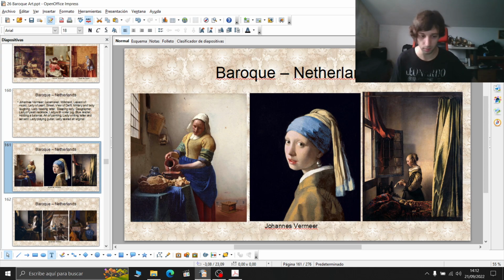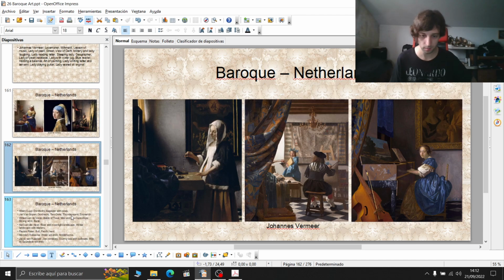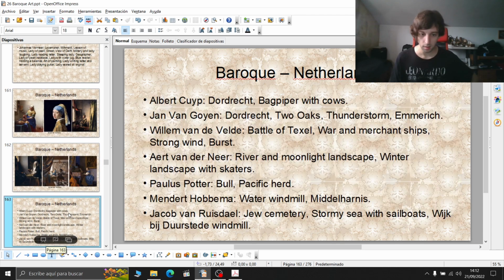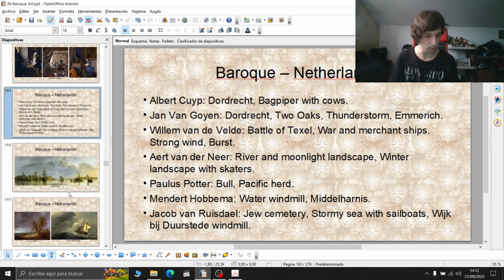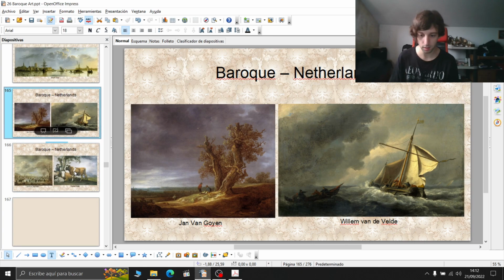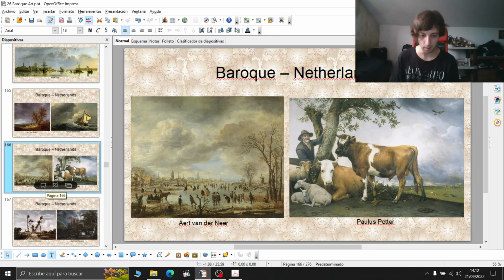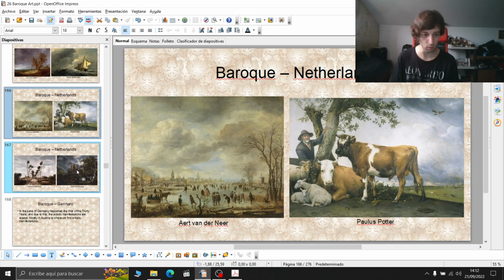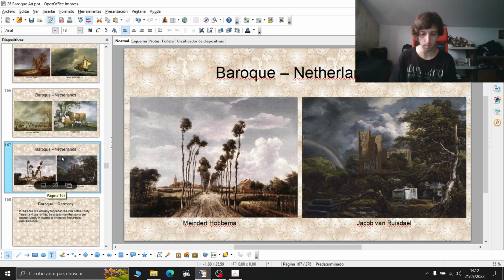Here you have different paintings by Johannes Vermeer. And the last ones are Albert Cuyp, Jan van Goyen, Willem van de Velde, Aert van der Neer, Paulus Potter, Meindert Hobbema, and Jacob van Ruysdael. Here are different paintings of each one.